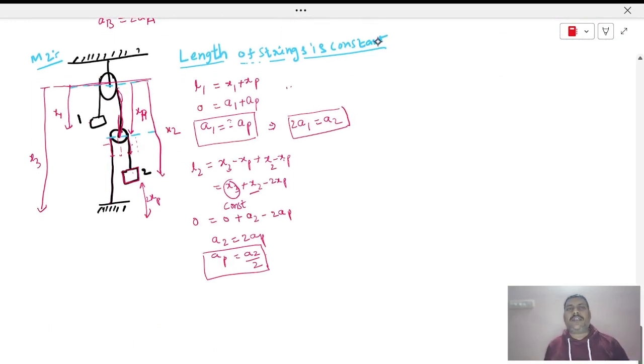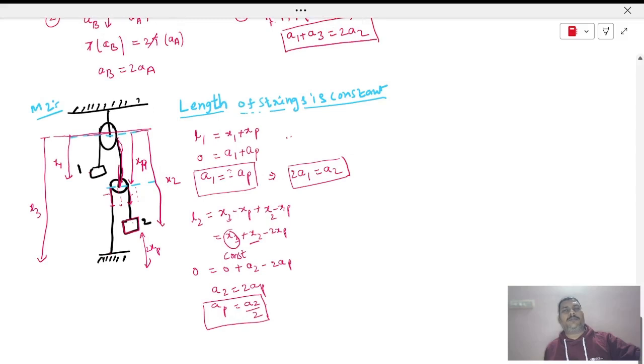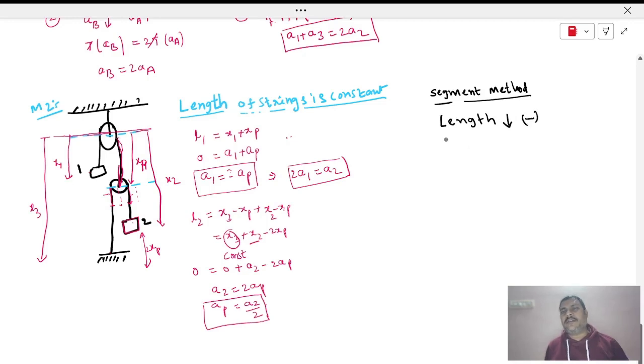Now, for the first diagram, I will explain all the methods. So now method 3, the segment method. In the segment method we must remember that if the length of the string is decreasing, I have to take a minus sign, and if the length is increasing, that is extending, then we take plus.